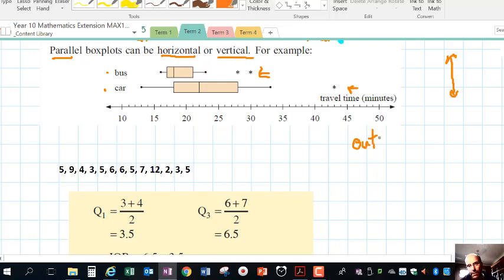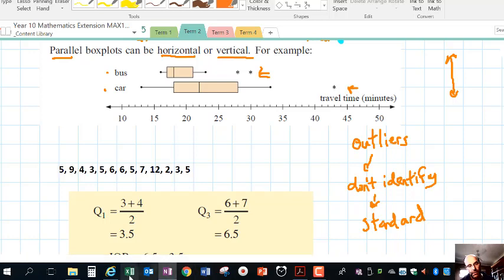So outliers can be identified in a box and whisker plot. If we don't identify them, we have what's called a standard box plot, where we make no attempt to identify the outliers. And that's just like what we saw here.